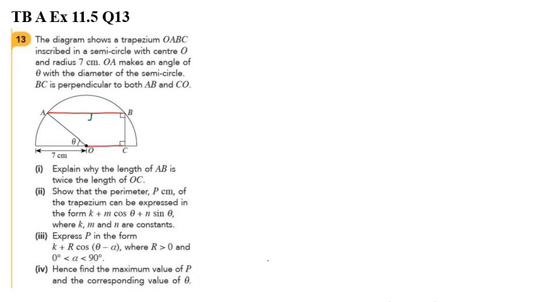Okay, so we're going to draw a perpendicular line from O to AB. Okay, and can you see that we can actually form an isosceles triangle?